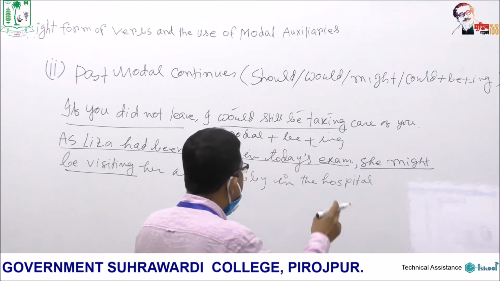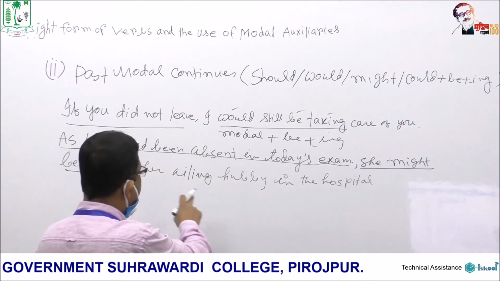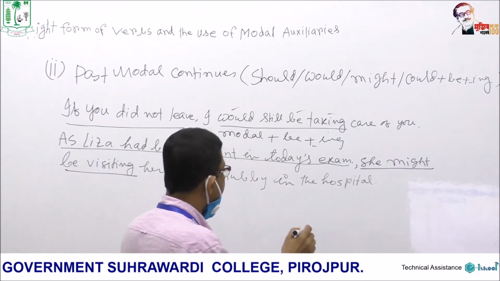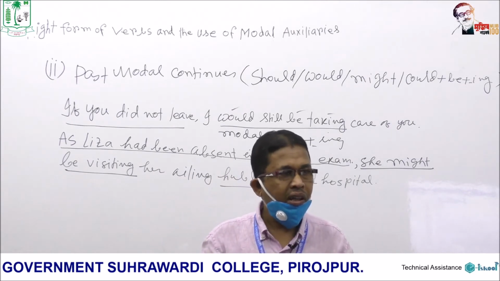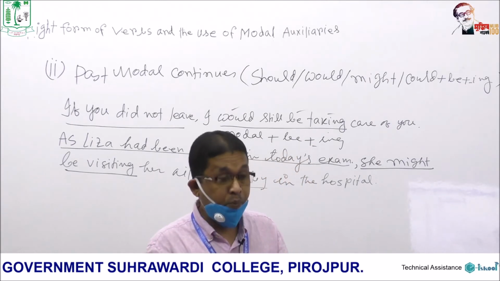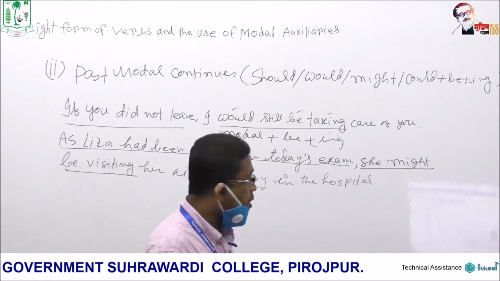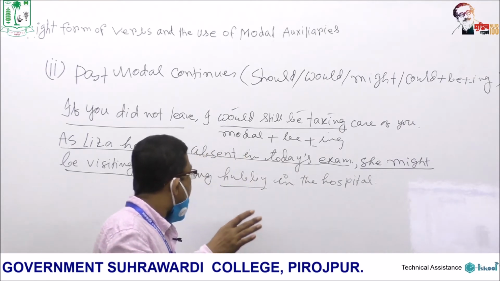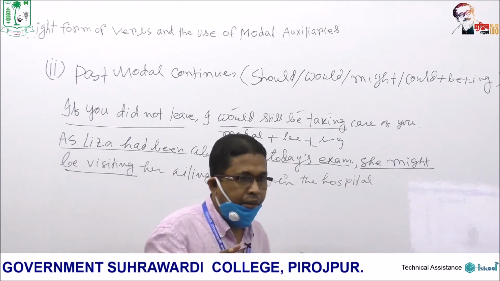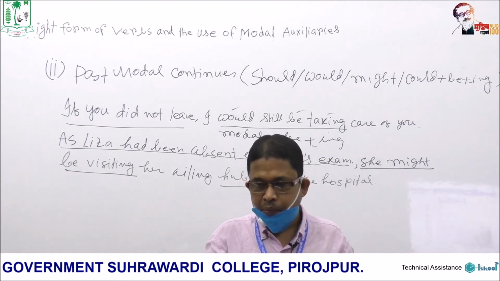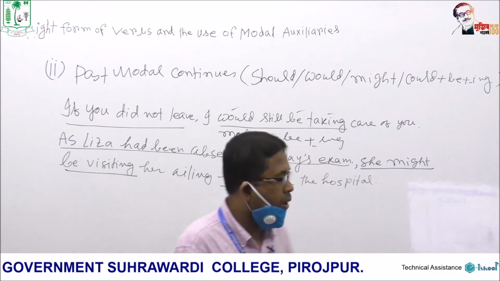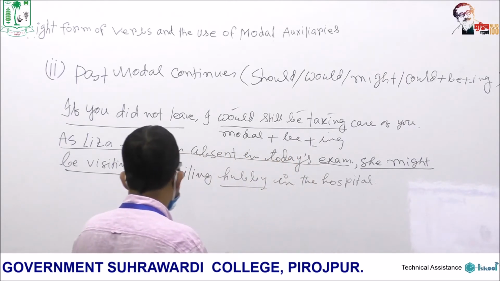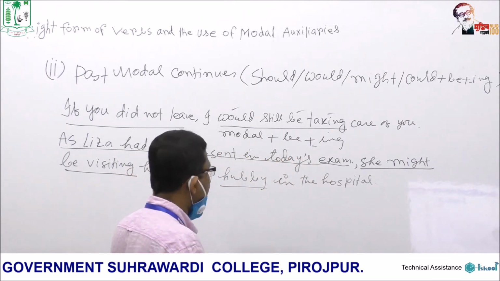What is your guess? She might be visiting her ailing hubby in the hospital. Hubby means husband. So, as Lisa is absent from today's exam, her husband is sick, maybe seriously injured and admitted in the hospital, so she might be visiting her husband in the hospital.